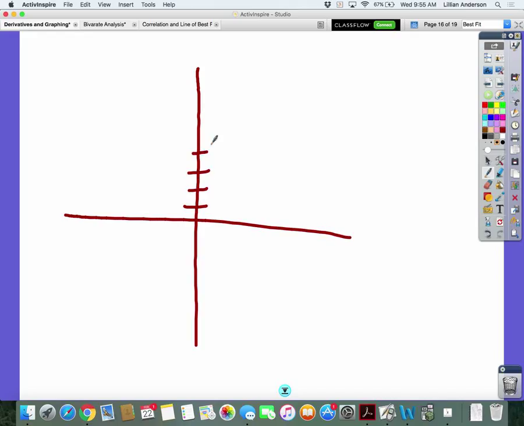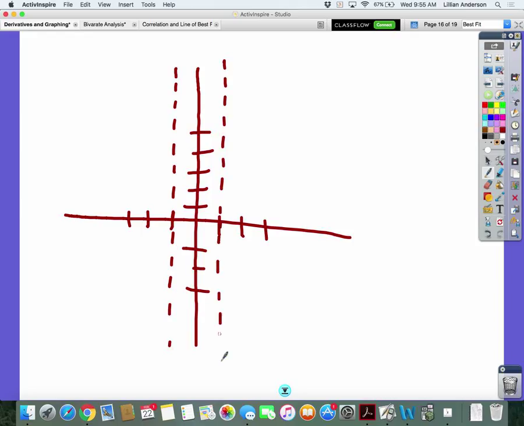Let's graph this. Starting with the very beginning, we found our horizontal and our vertical asymptotes. We had vertical asymptotes at -1 and +1. We had a horizontal asymptote at +1.